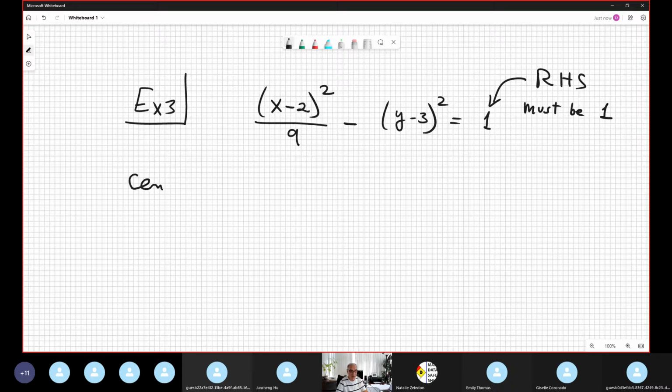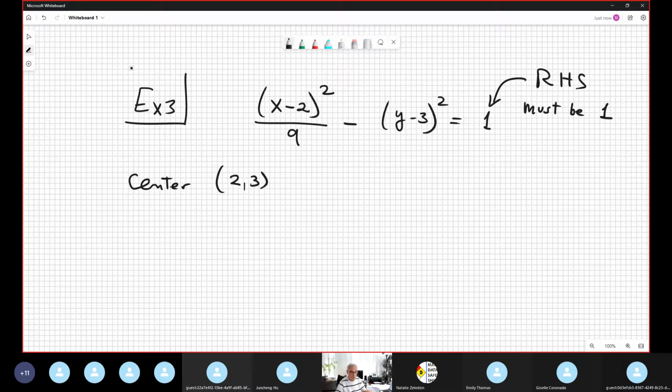However, what about the center? Who can help me with the center of this hyperbola? Where is the center located? Who helped me? It is (2, 3).